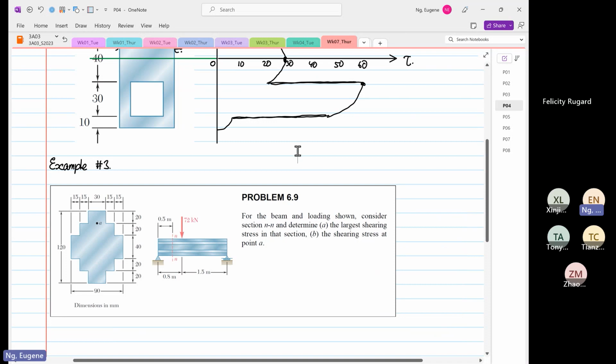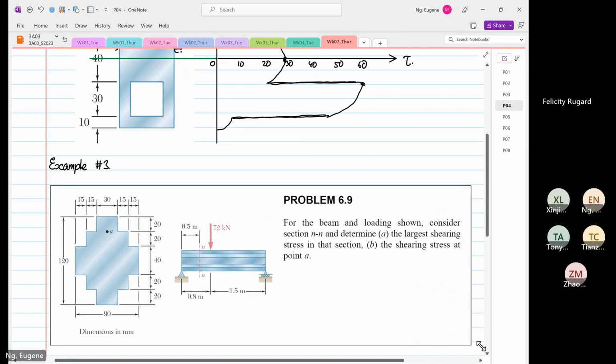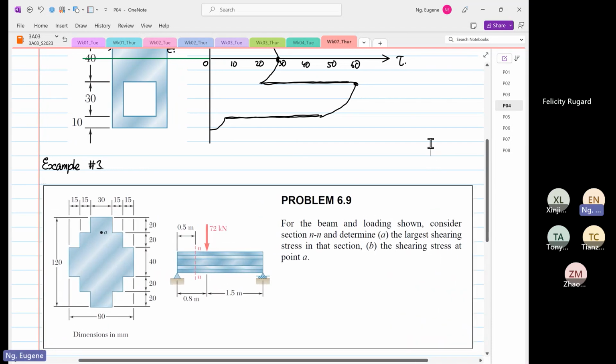Okay. So this is a pretty interesting problem. You have a structure. The thickness just changes depending on where you are.